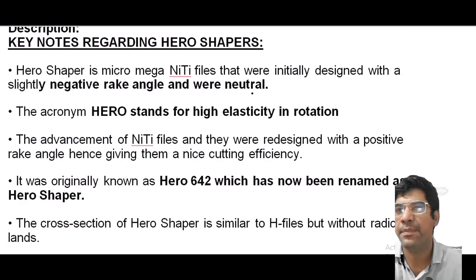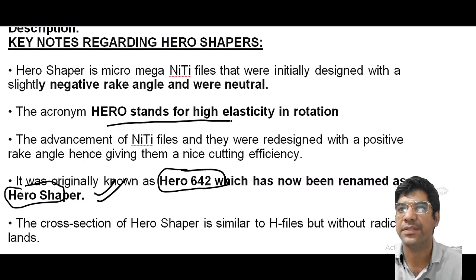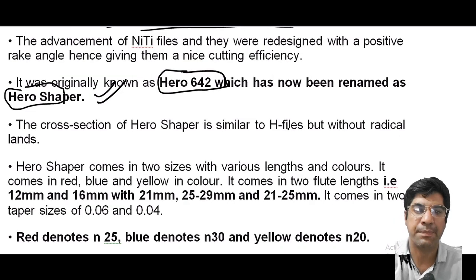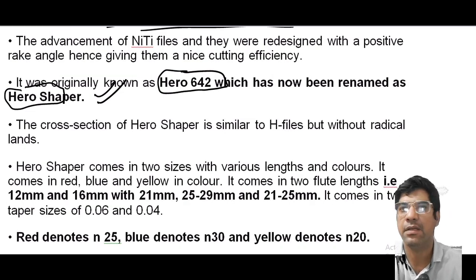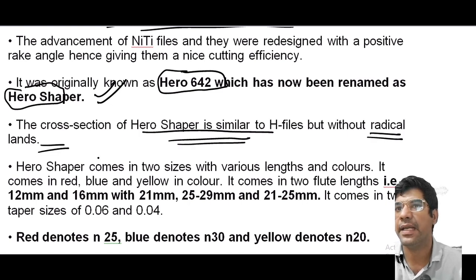The Hero files were originally known as Hero 642, which has now been renamed as Hero shapers. The cross section of Hero shapers is similar to H files, but without radial lands.